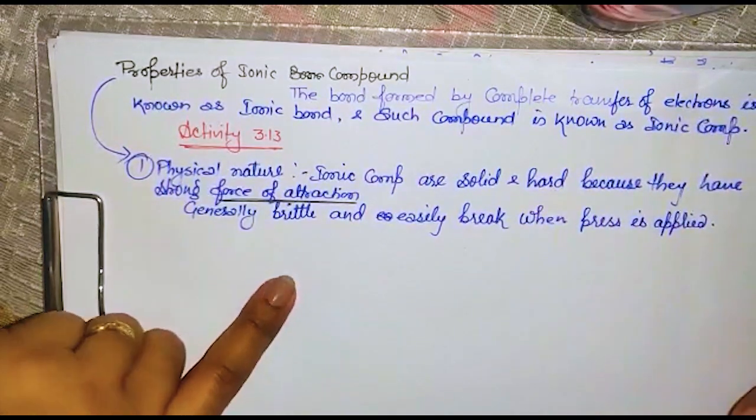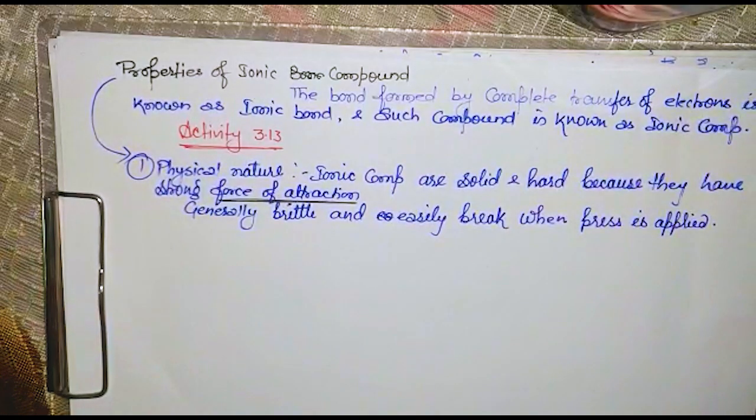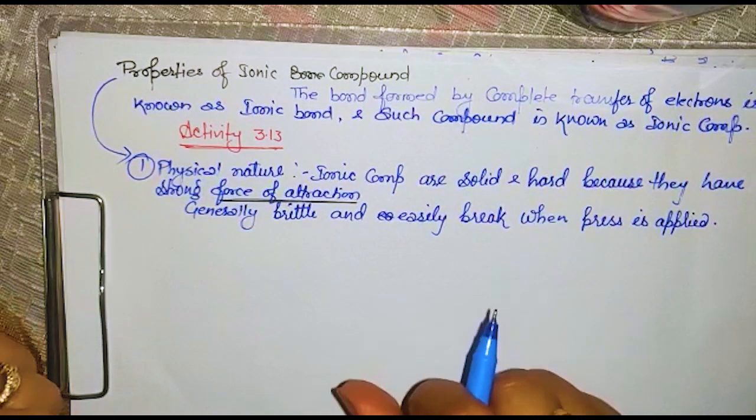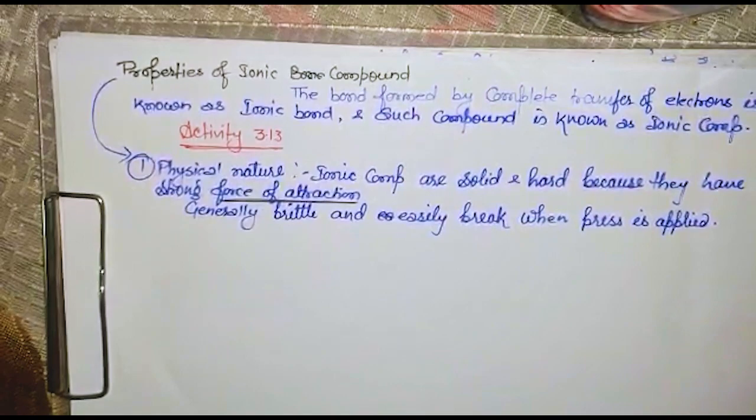You might have seen that rock salt, also with formula NaCl, is also an ionic compound. When you apply some pressure on that, it breaks, isn't it? Okay, next thing I told you is to check whether they are melting or not.